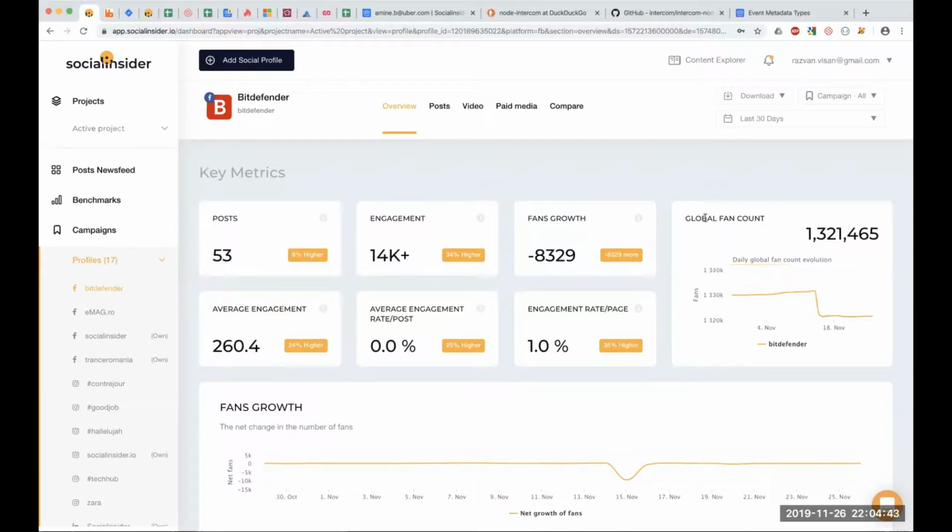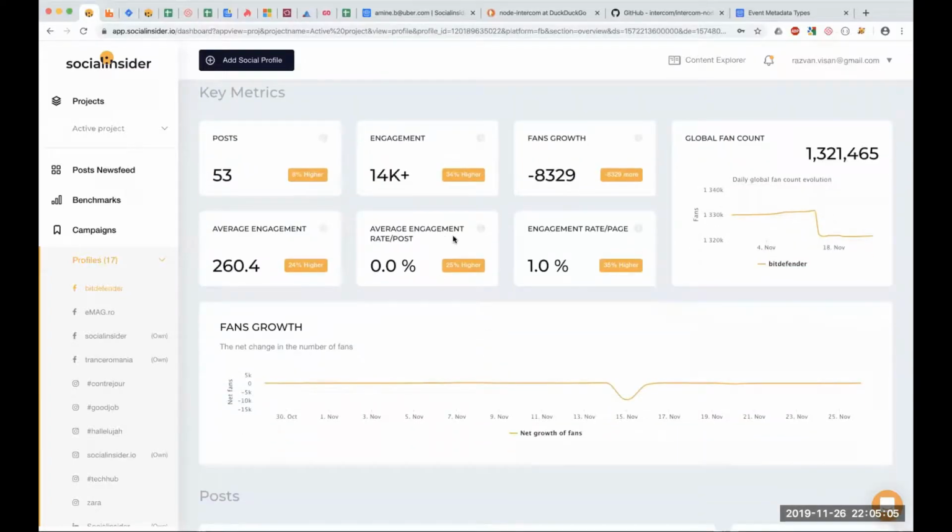Obviously the global fan count evolution will be only available from that day on, and so will the engagement rate numbers. The average engagement rate per post, because this is the average engagement divided by the number of fans and multiplied by 100, because it's a percentage. And the engagement rate per page.